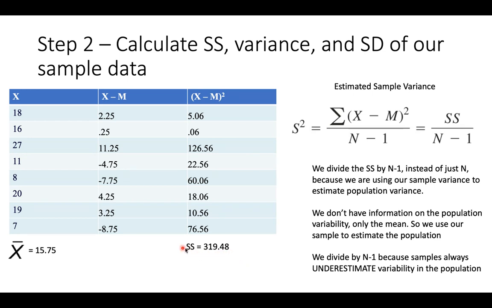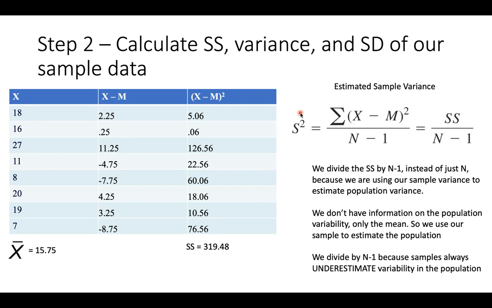Once we have this sum of squares, we can plug it into the formula for variance. And here we have a slightly different form of the formula for variance than we did previously.